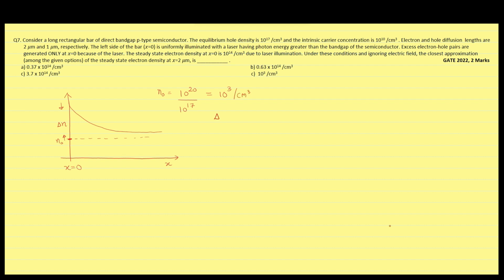So you can see that excess electron concentration is significantly greater than thermal equilibrium free electron concentration, and we have studied the formula for finding excess electron concentration to be like this.